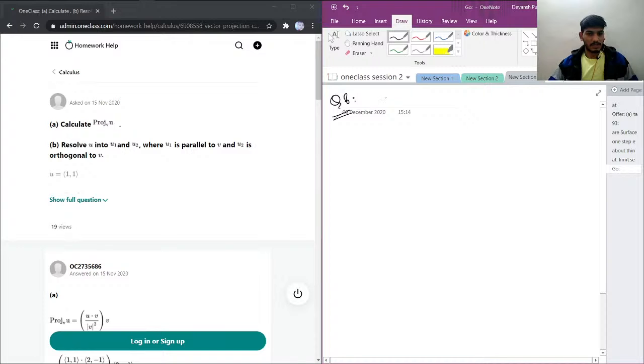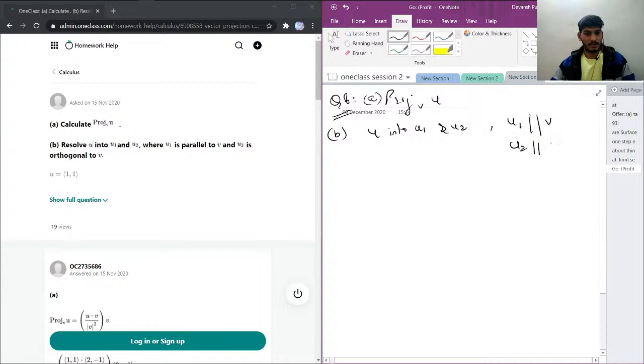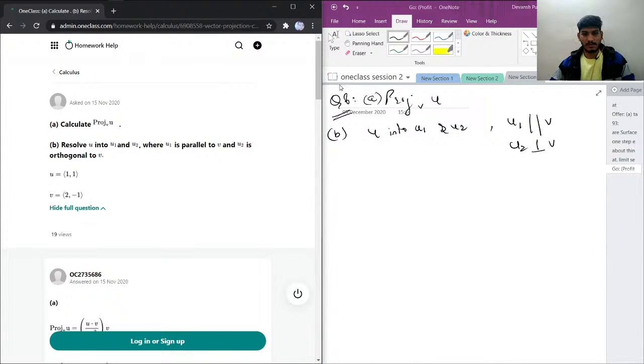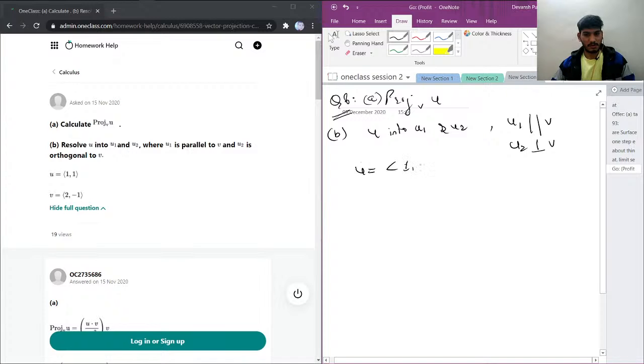So we need to calculate the projection of a vector u along v, and we need to resolve u into u1 and u2, where u1 is parallel to v and u2 is orthogonal to v, and u is the vector 1 comma 1, v is 2 comma negative 1.